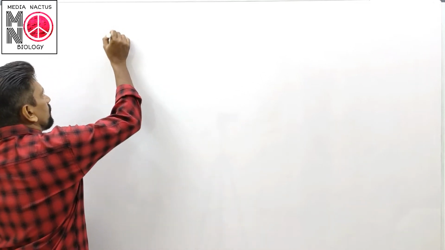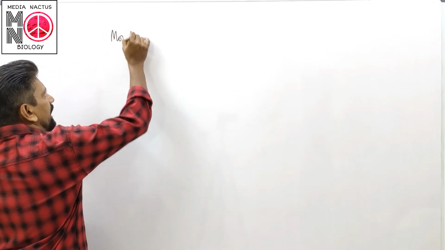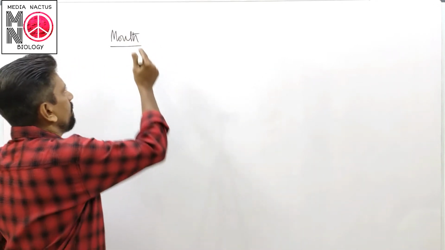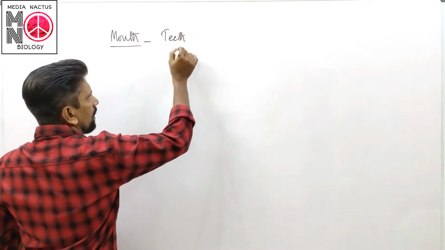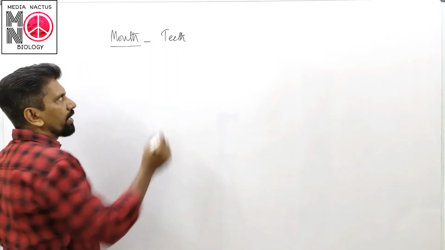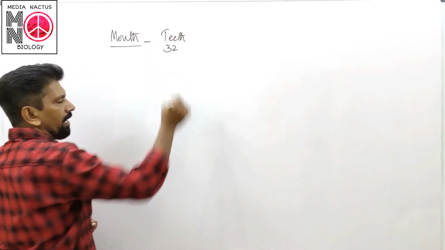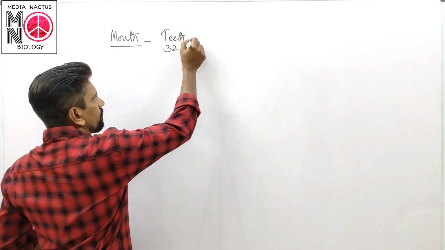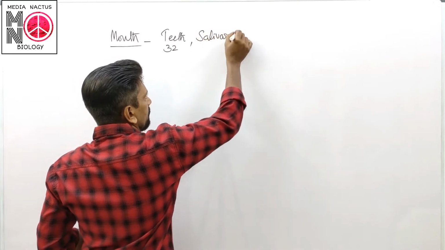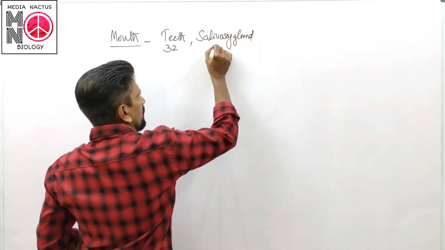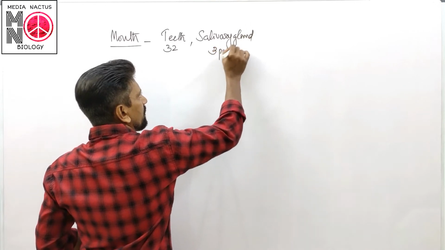As we studied, the first part of the digestive system is the mouth. The mouth is the region for receiving the food particles. Inside the mouth, there are teeth. In an adult organism, there are 32 teeth. And salivary glands, of which there are three pairs.